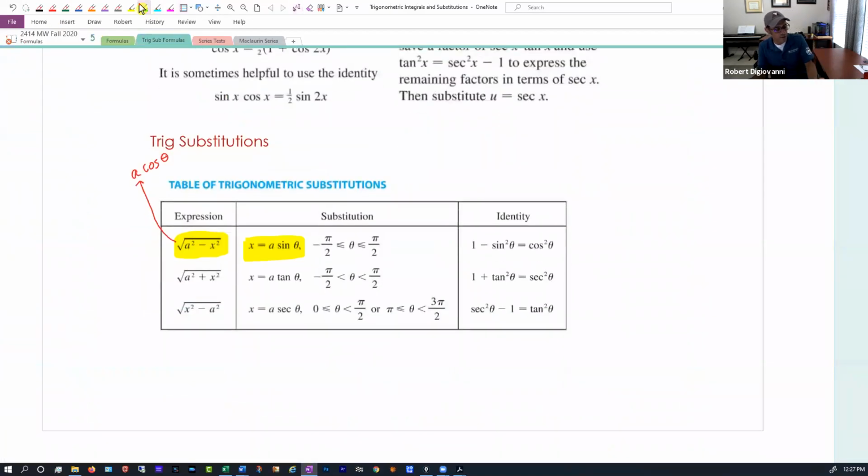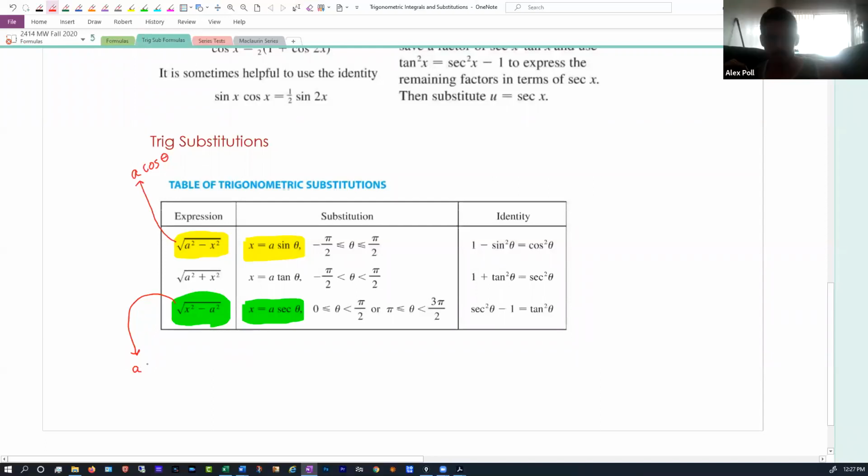I'm now talking about this scenario on the bottom here. If we have x squared minus a squared, the substitution we make is a secant theta. And what will this turn out to be? This is the part you can add to your formula sheet. That will turn out to be a tangent theta. Every single time.